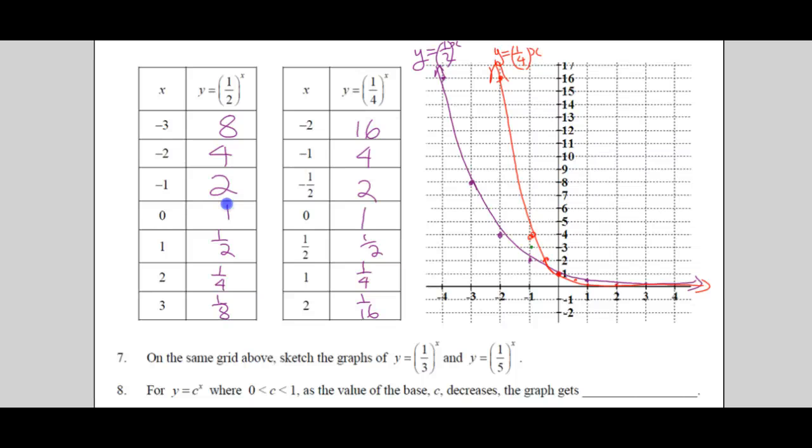And you can say, oh, right, okay, it's going to be in between these two guys. 1/3 to the -2 is 9. 1/3 to the 0 is 1. 1/3 to the +1 will be 1/3, which will be in between again. So this is actually going to lie in between these two guys here as well. Y equals 1/3 to the x.